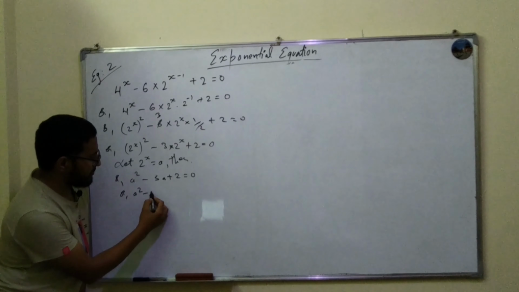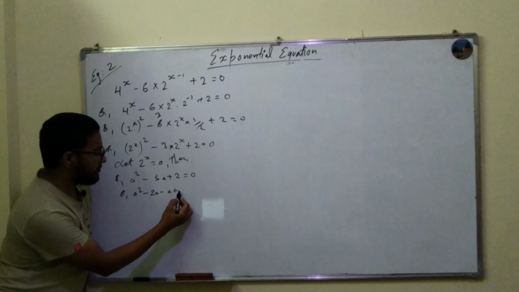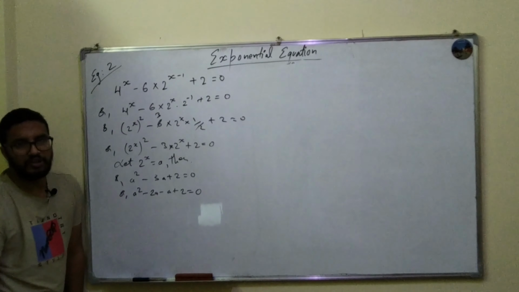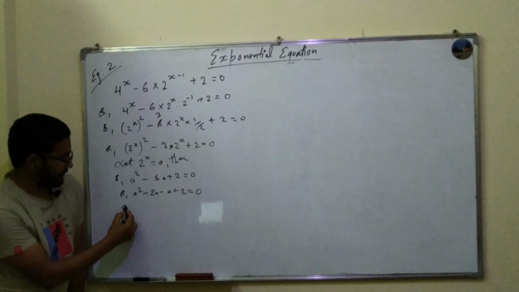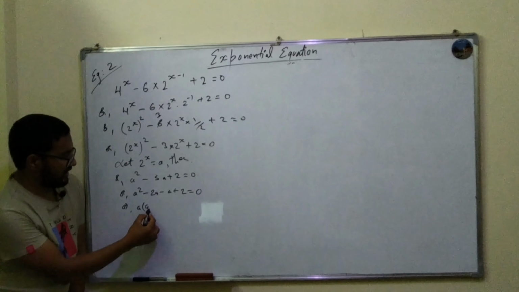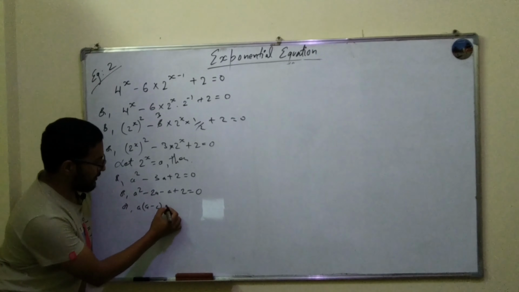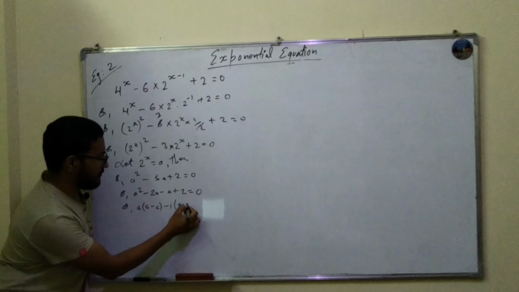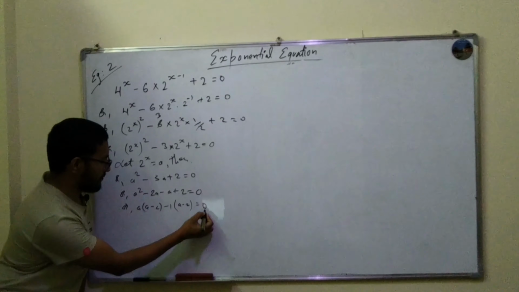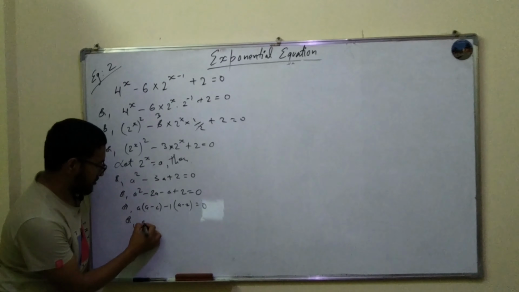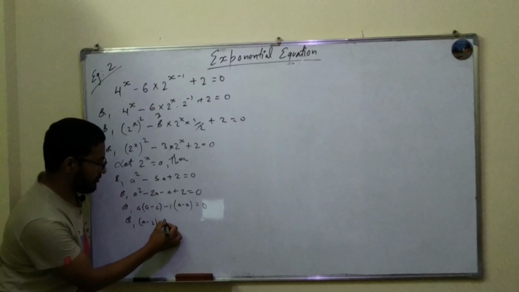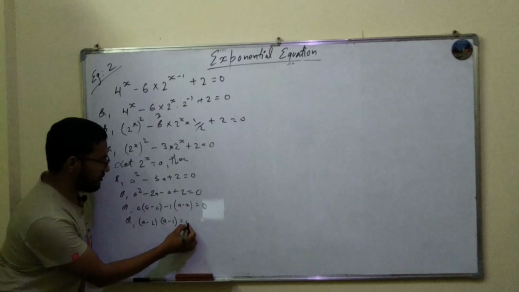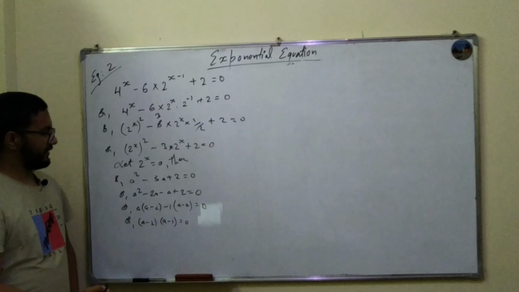So a squared minus 2a minus a plus 2 is equal to 0, right? So after this, taking a common, a minus 2, a minus 1 is equal to 0, right?